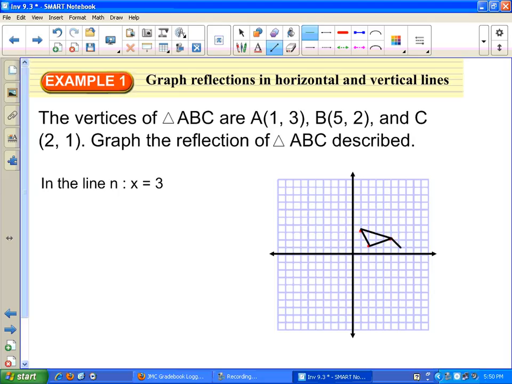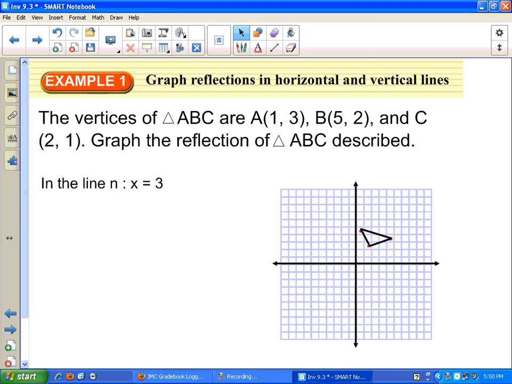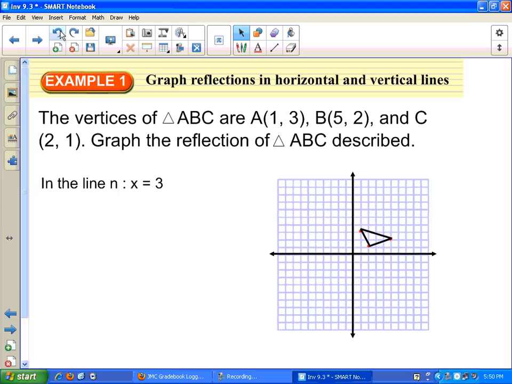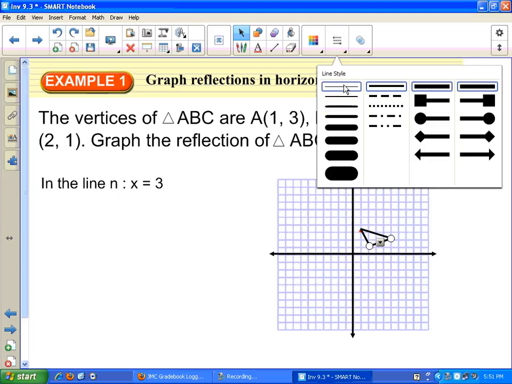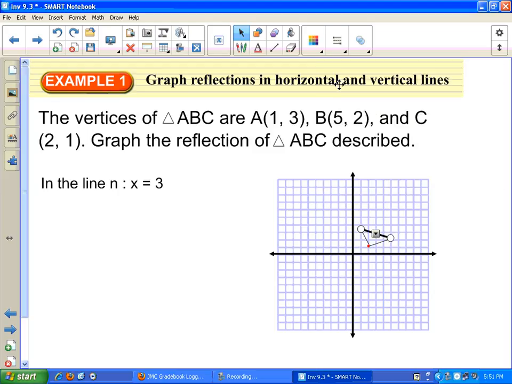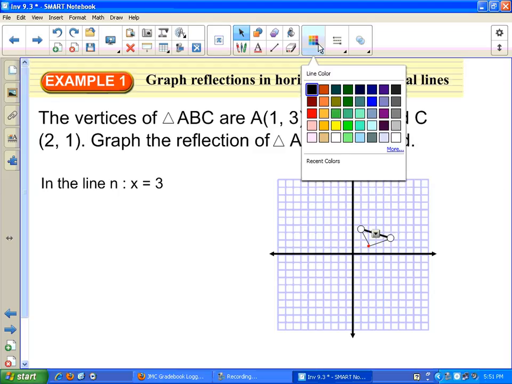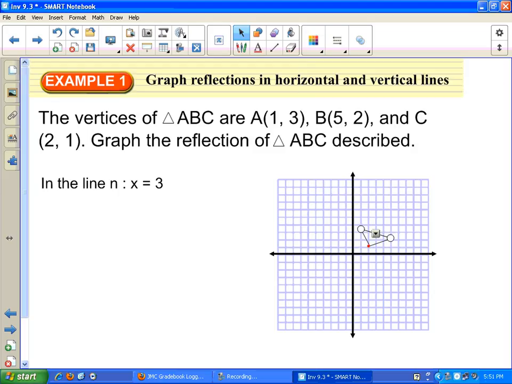I'll get rid of that extra one, and make the lines a little bit thinner if I can. All right, there we go. There's our triangle that we are going to reflect.